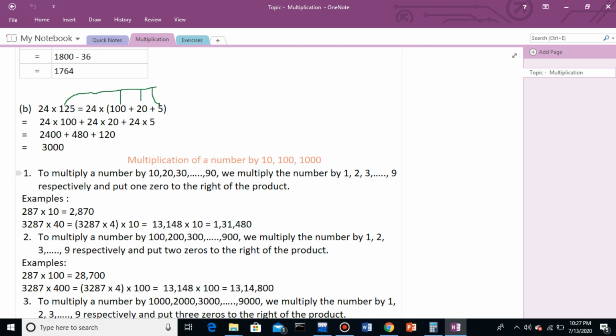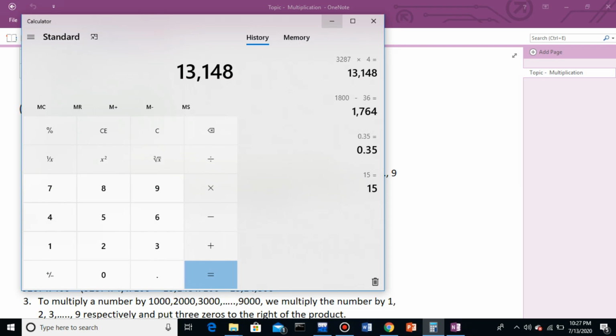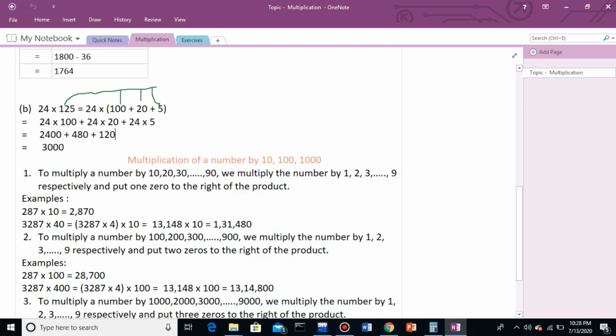So first we will multiply 287 with 3 and then add a 0 to the right of the product, which we will get from 287 into 3. Let's see what will be the answer of 287 into 3. 287 into 3 is equal to 861.